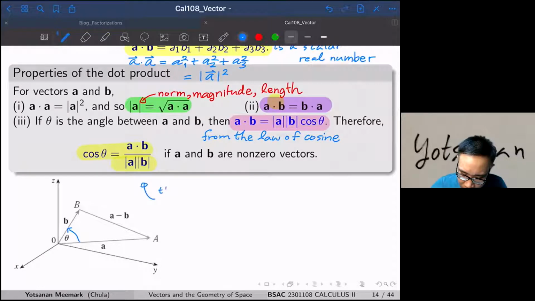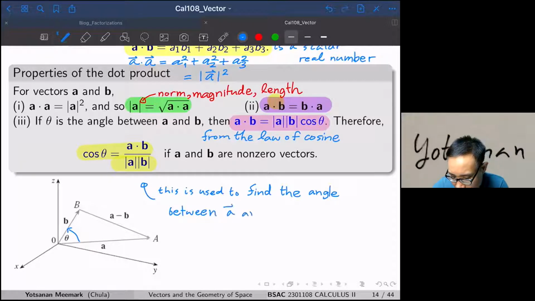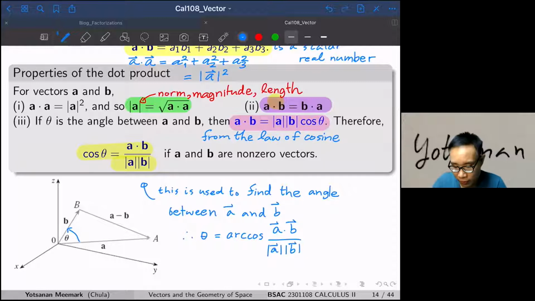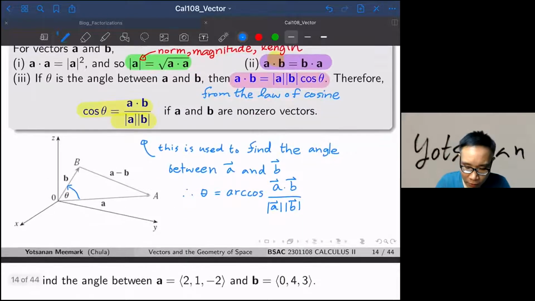It is used to find the angle between two vectors A and B. If you'd like to know theta, you answer in terms of arccosine of A dot B over norm A, norm B. That is something we will use a lot.